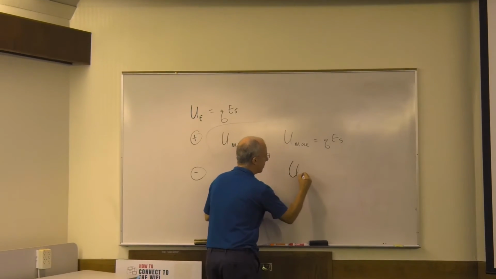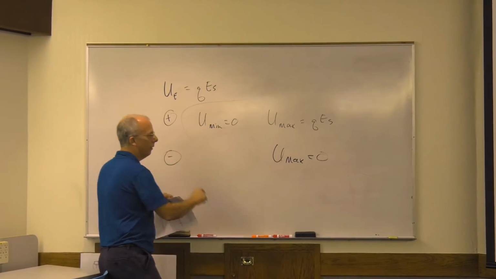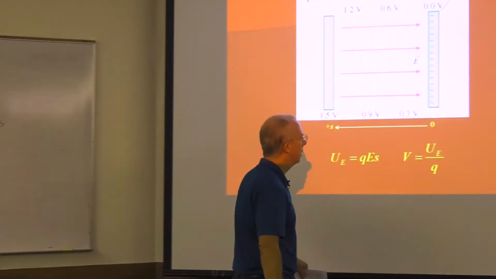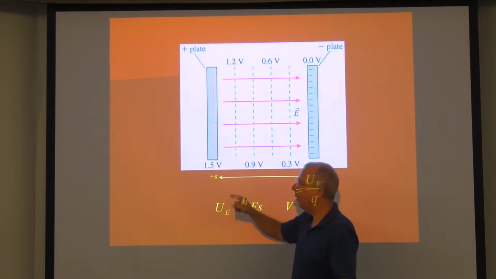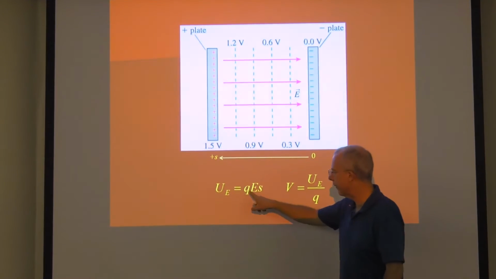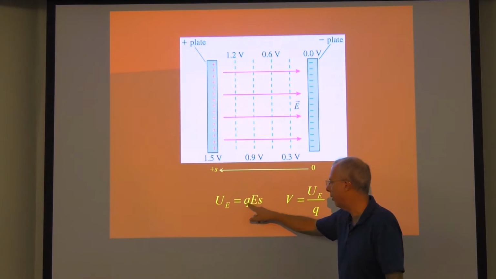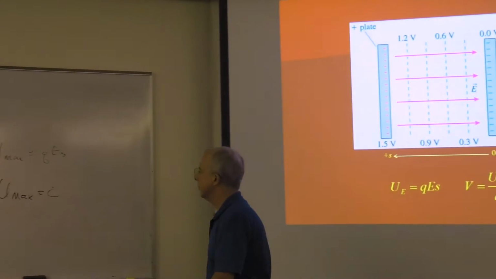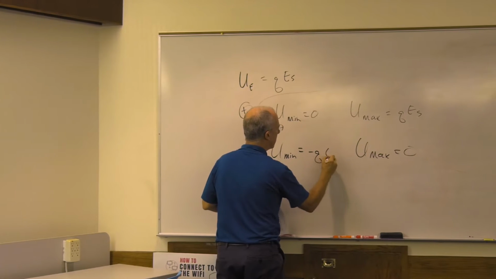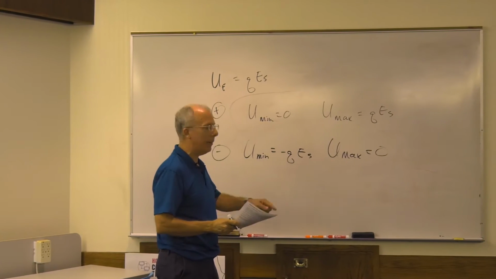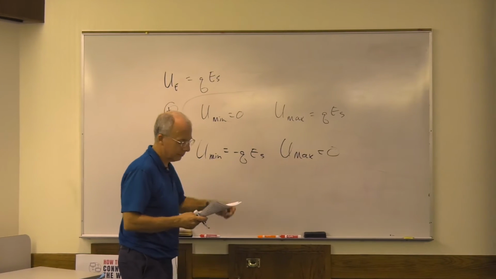So U max equals 0 for a negative charge. Where does a negative charge want to be? Here. Let's plug it in the formula. For a negative charge, this is negative, so we'd have negative QES. So U minimum would be minus QES. It's kind of strange sometimes thinking that the maximum is 0, but it makes perfect sense, right? Because this is negative.